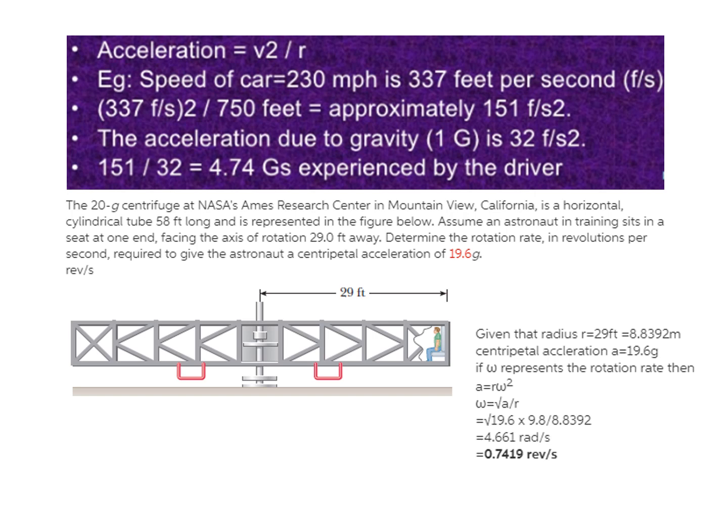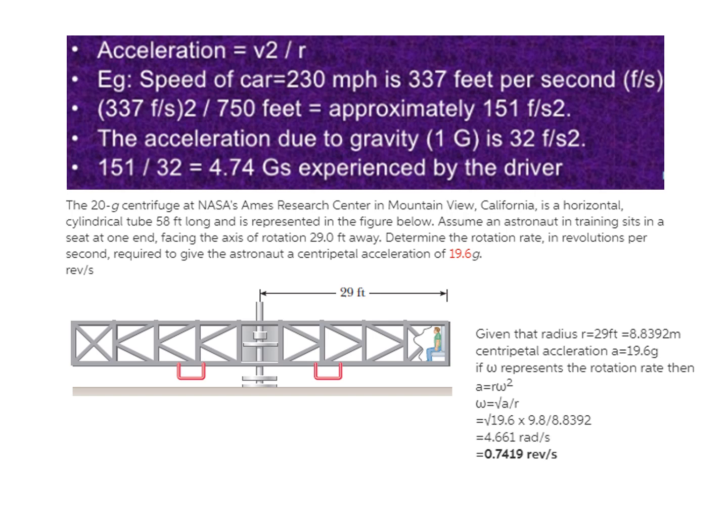If the angular velocity represents the rotation rate, acceleration equals radius times angular velocity squared, then we know that the angular velocity, or the rotation rate, is 0.7419 revolutions per second. And comparing this problem to the previous problem of the swing, we see that as the radius of the object increases, so does the RPM to maintain the g-force.